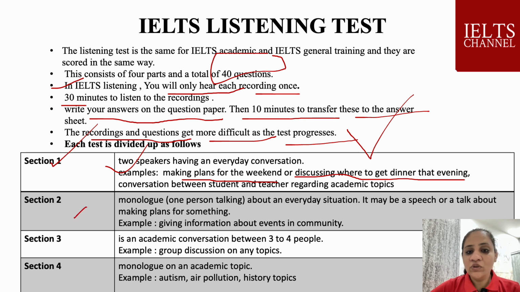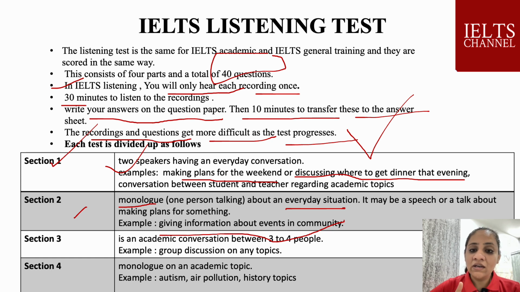In section 2 you have a monologue. Monologue may be a new word for you. Monologue means there is only one person who is going to talk about a particular topic. That is also based on an everyday situation, for example giving information about events in the community. They're just talking about some information, which event is going to happen, which communities take part, and what description we have regarding that community.